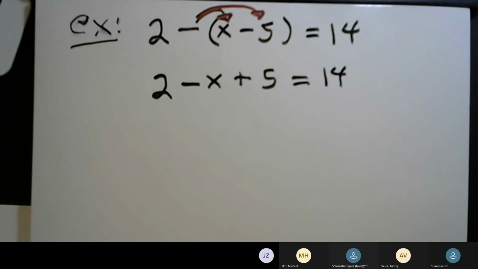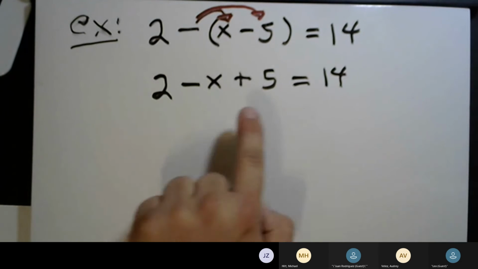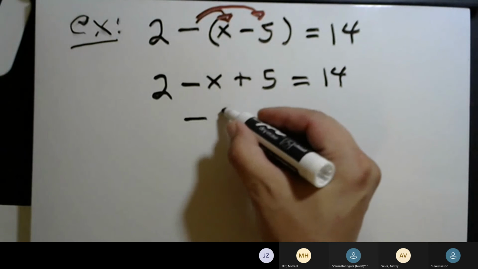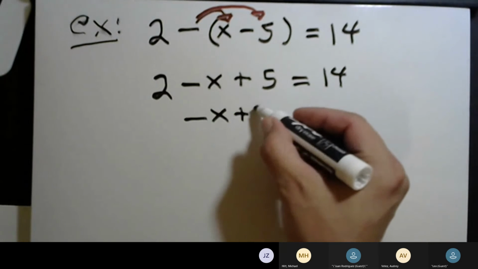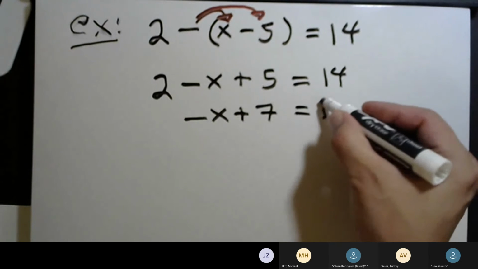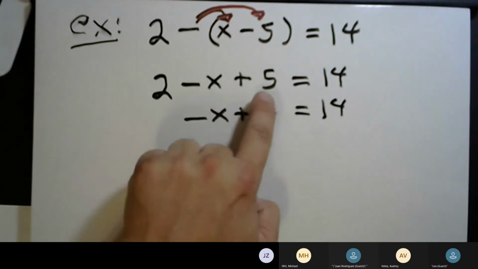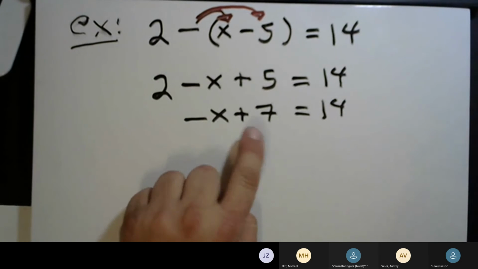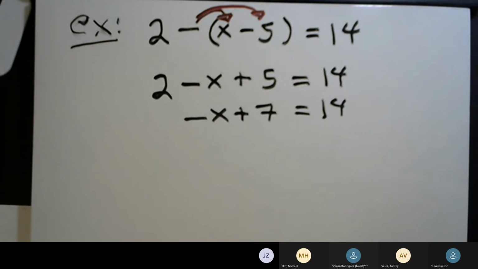So we have something like this. And we can combine like terms. We have a positive 2 and a positive 5. So we can combine them into a positive 7. Because 2 and 5 are type constants. x is type x. So when they're different types, they won't combine.